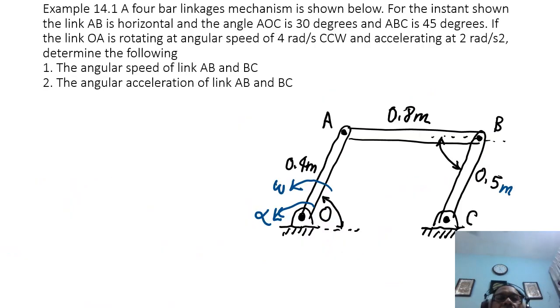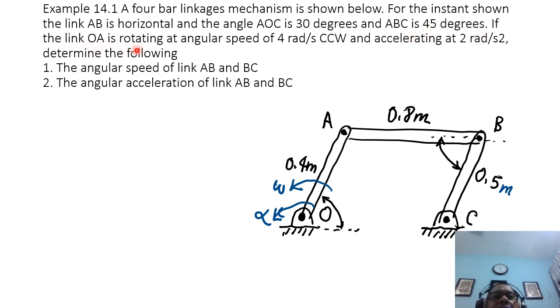So this is example 14.1 of 4 bar linkages. The 4 bar linkage mechanism is shown below. For the instance shown, the link AB is horizontal and the angle AOC is 30 degrees and ABC is 45 degrees.